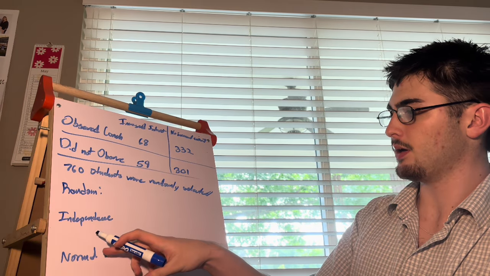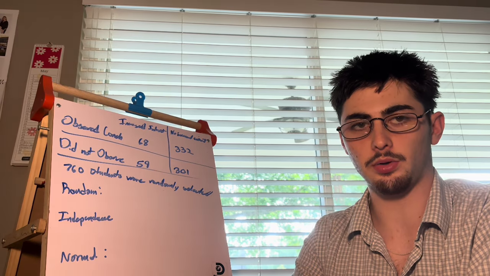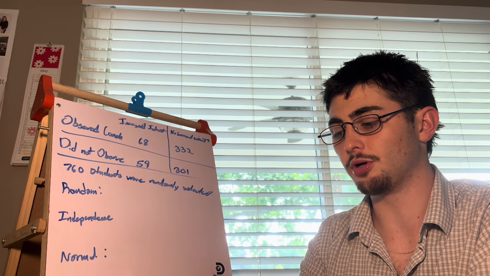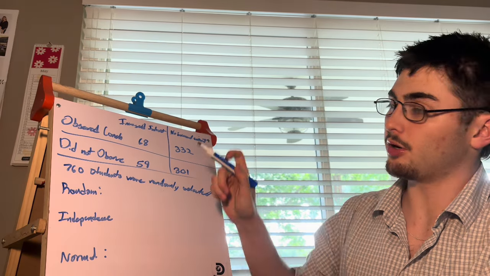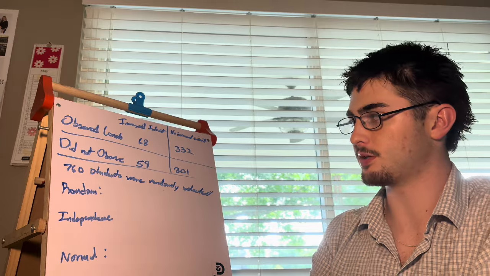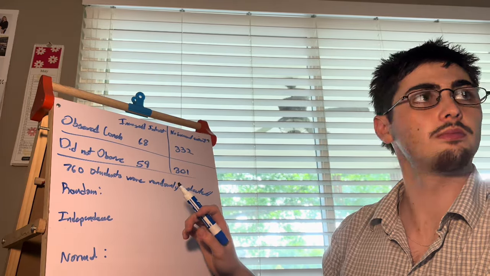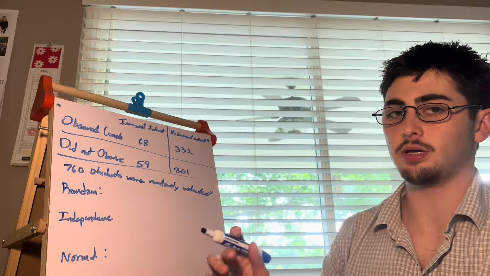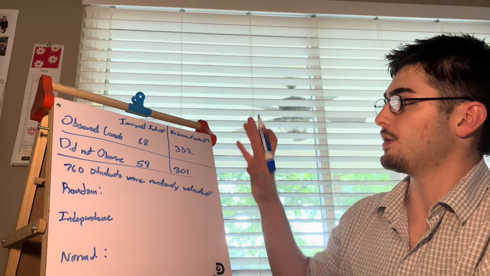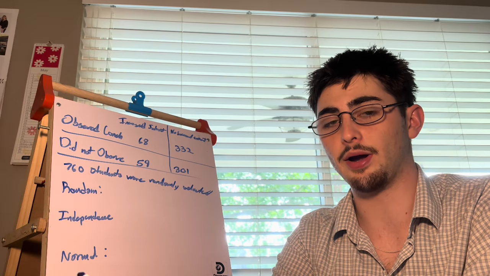There's random, independence, and normal. So for random, what we're going to be doing is, normally there would be a paragraph type thing of the question, but for this one I did not include that. So in a real FRQ, you would go in the paragraph and find the place where it says random.